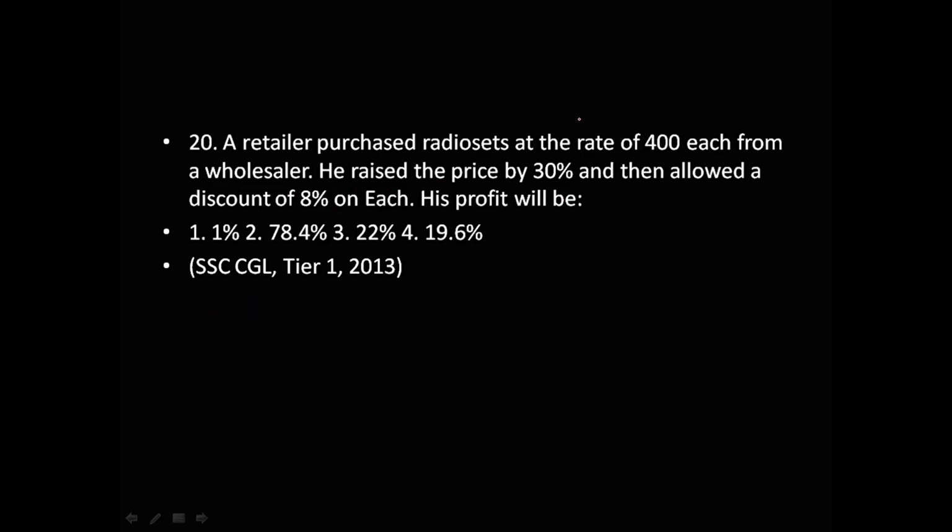A retailer purchased radio sets at a rate of 400 each. He raised the price by 30% and then allowed an 8% discount. What will the profit be? It's a simple one. CP is 400. Then he raised the price by 30%, meaning 130 by 100, and then allowed an 8% discount, so 92 by 100. So SP is 478.4.